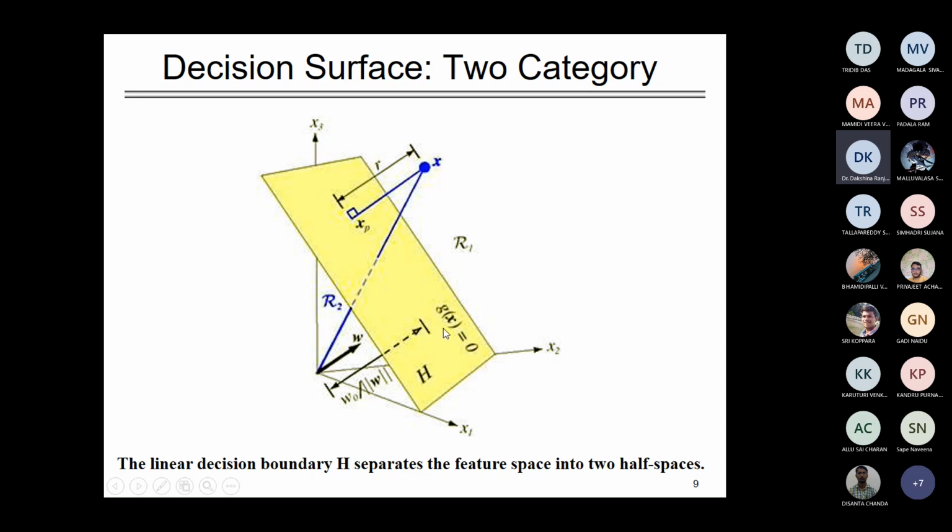The equation of this hyperplane is g(x) = 0, and this weight vector is normal to the hyperplane. If any feature vector among x1 and x2 lies on this hyperplane, then this weight vector will be normal to that feature vector x1 or x2 which lies on the hyperplane.